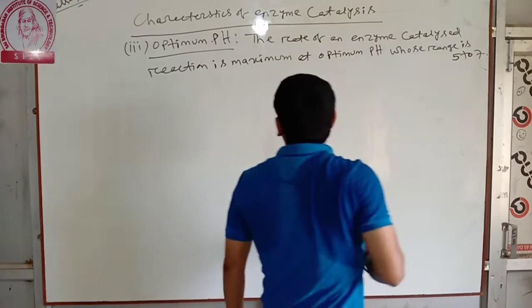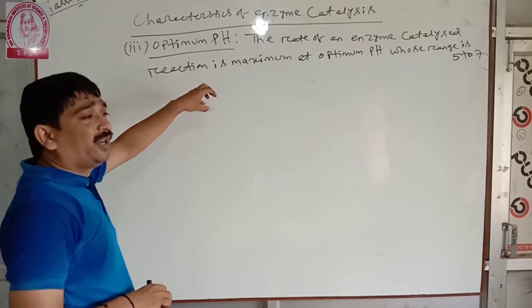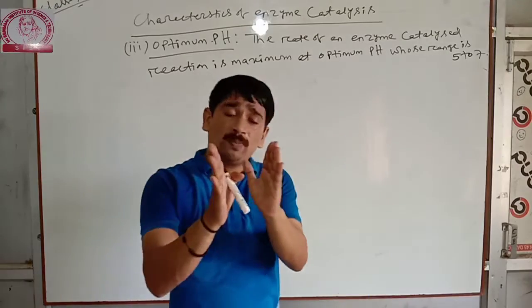So the efficiency of an enzyme catalyzed reaction is maximum within the pH range 5 to 7. So this is the optimum pH.